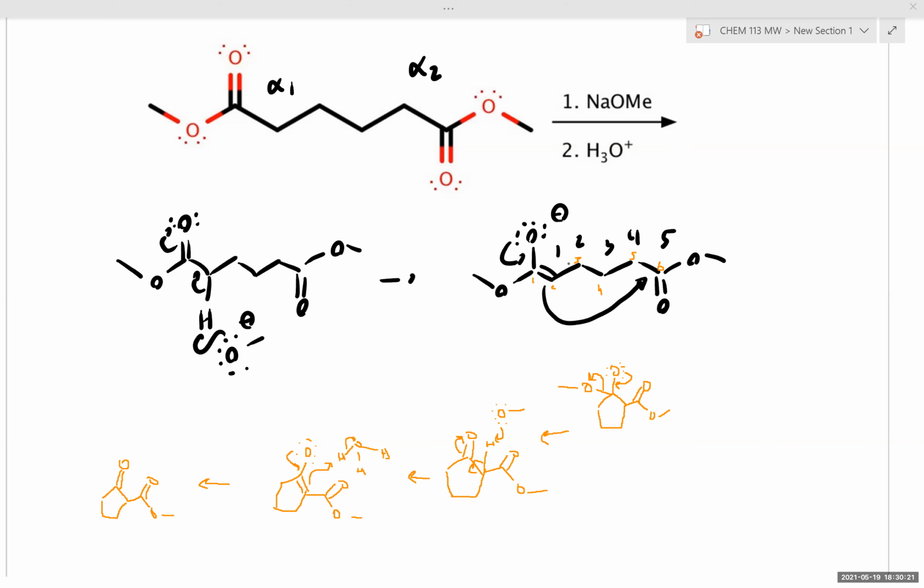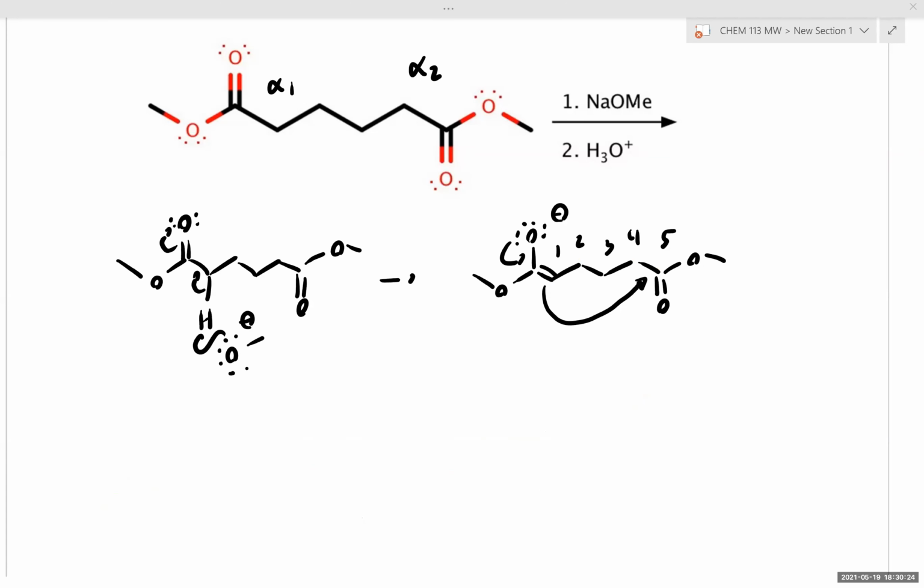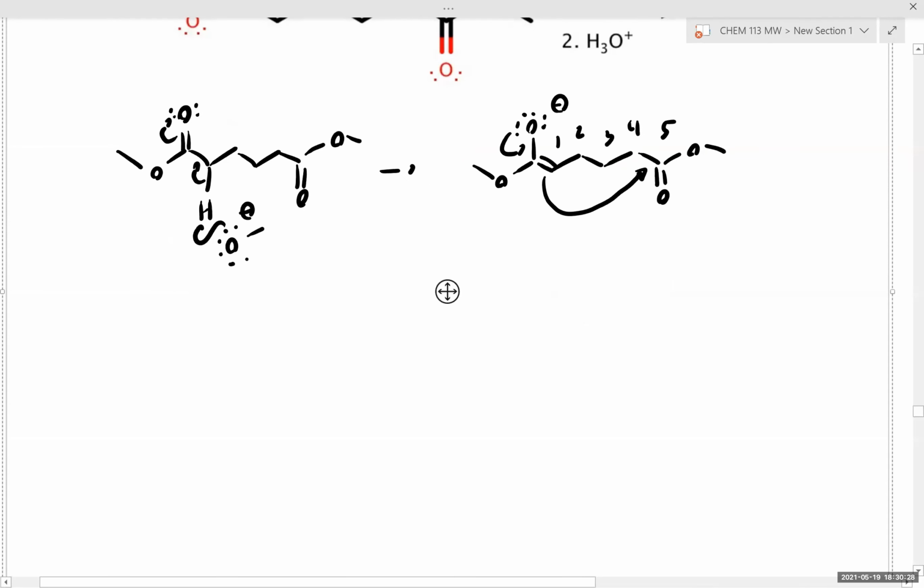Perfect. So the student proposed mechanism looks great. So let's clear the annotations and let's finish drawing out this mechanism. So we form our desired carbon-carbon bond.